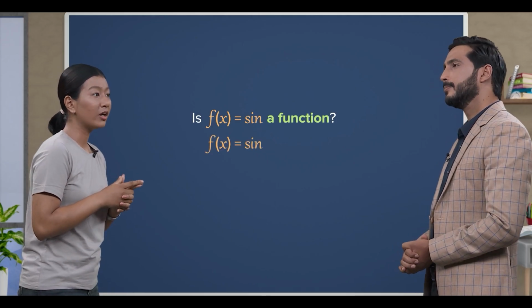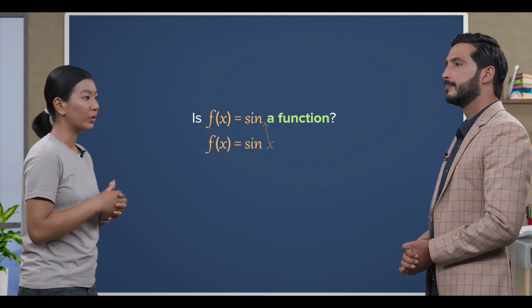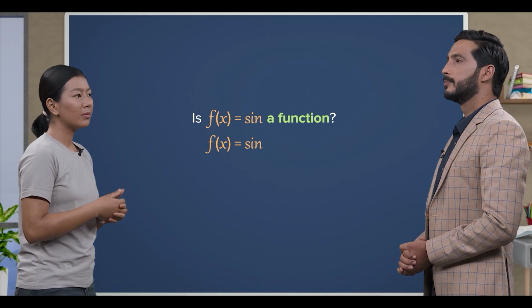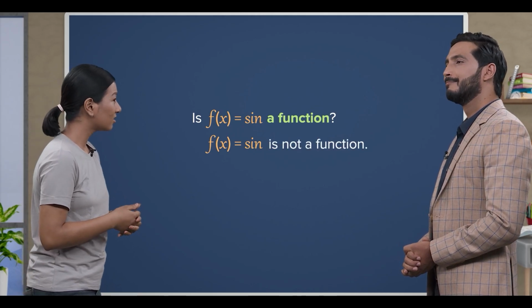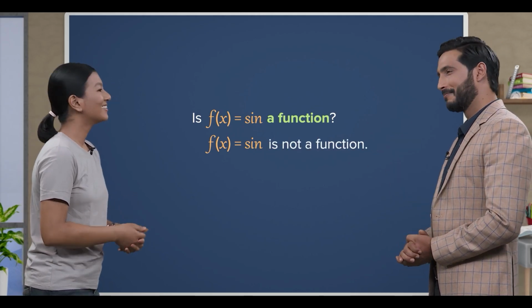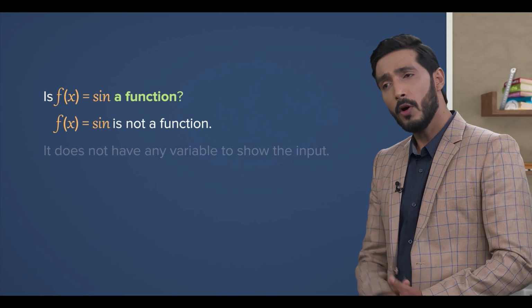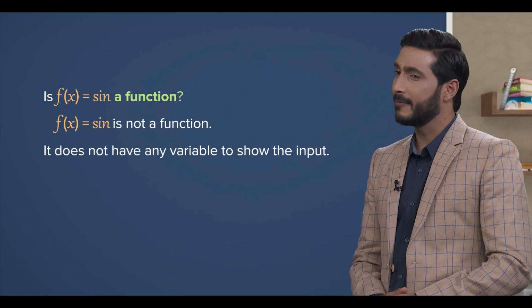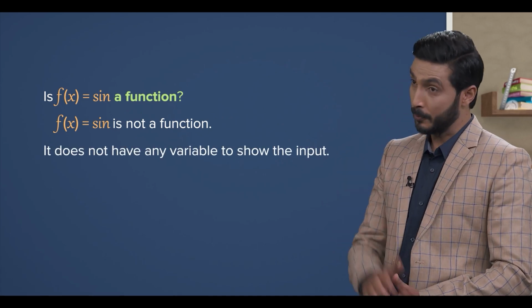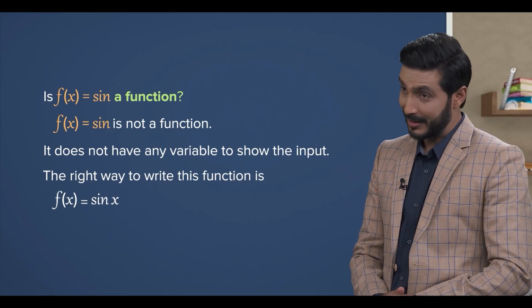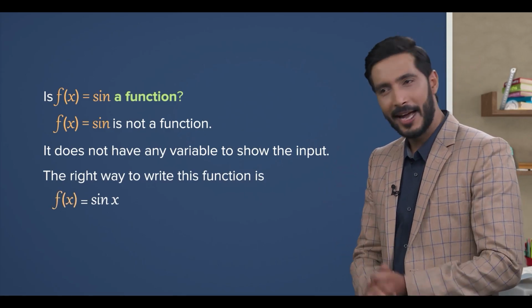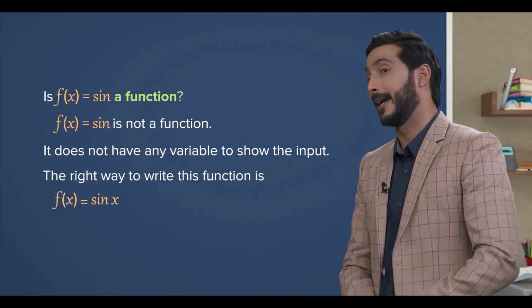I don't see the variable x on the right side of the equation. So it's probably not a function? Excellent. It's not a function because it doesn't have any variable to show the input. The right way to write this function is f of x equals sine x.